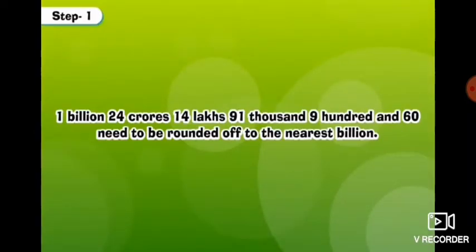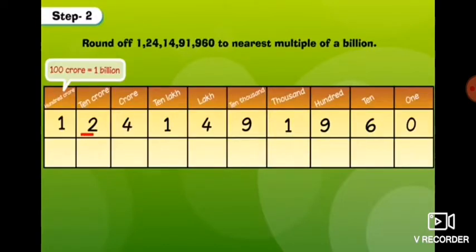Step 1. Look at the multiple the number needs to be rounded off to. Step 2. Underline the digit in the 10 crores place. Step 3. The underlined digit is less than 5. So, we replace all digits on the right side with 0.